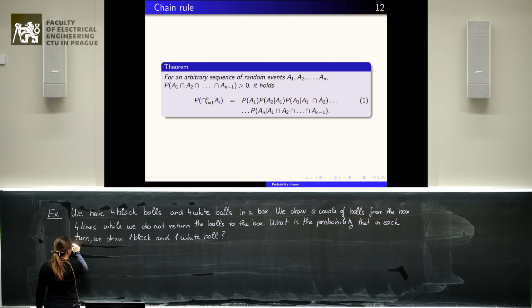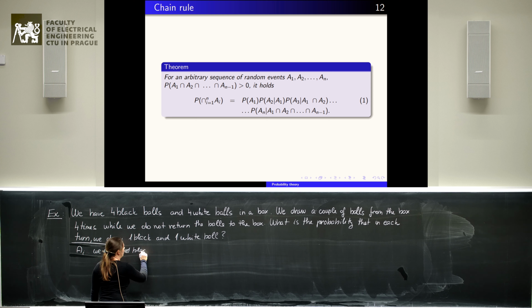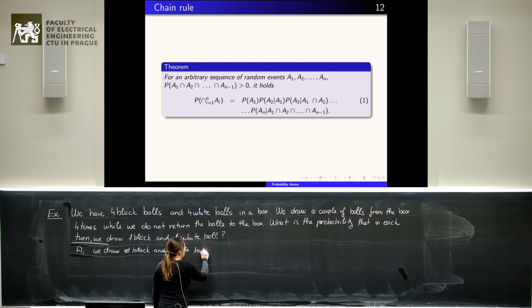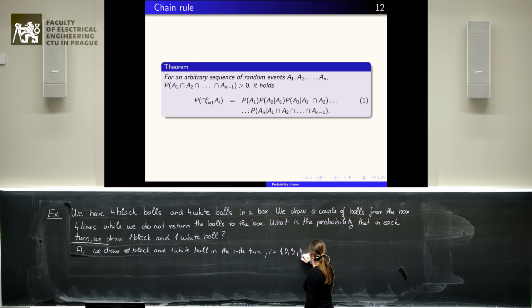So, how to solve this exercise? First, we can consider the events separately. So each turn will be a separate event. A_i means that we draw one black and one white ball in the ith turn, for i equal to 1, 2, 3, or 4.